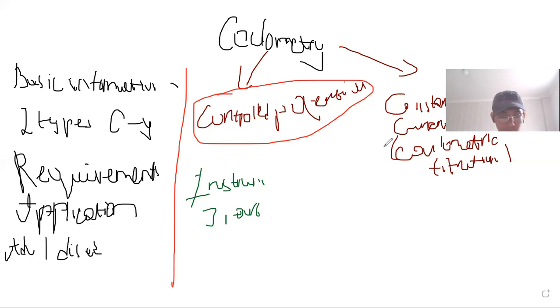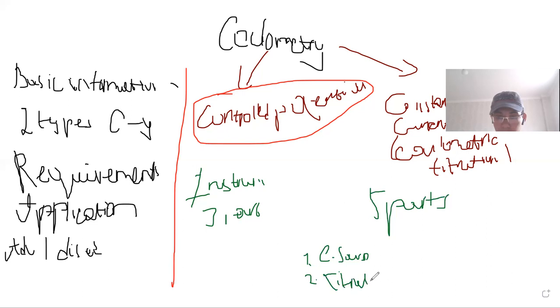The next one is coulometric titration. It consists of five parts: current source, titration cell, switch, timer, current meter.